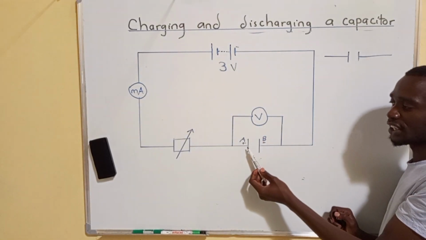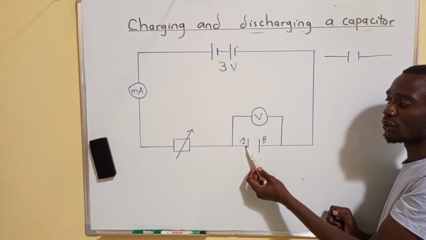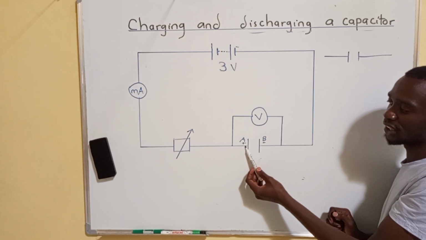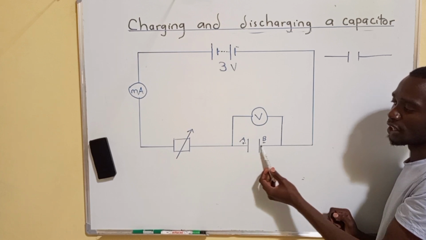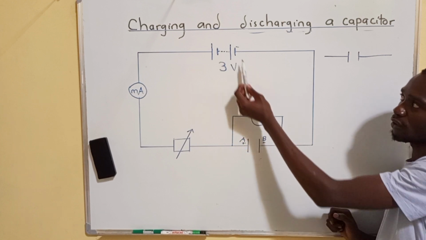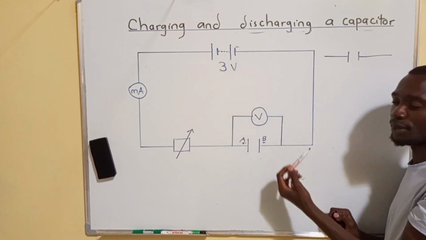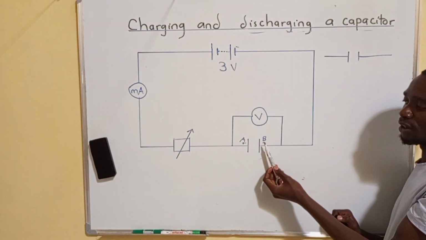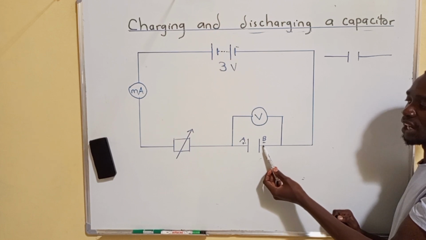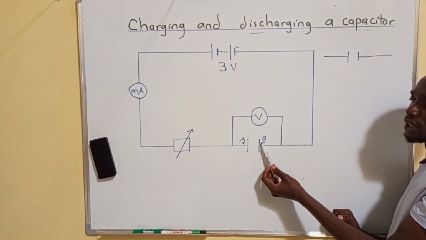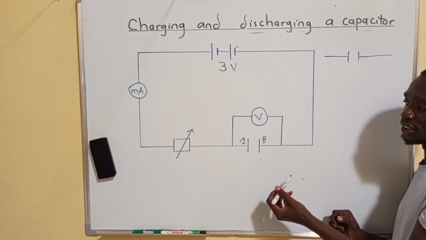So if negative charges flow from plate A, it means that we are going to have more positive charges remaining at plate A. If negative charges are flowing from the negative terminal of the battery, it implies that more negative charges are going to be on plate B than positive charges.